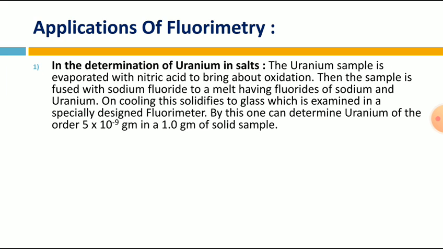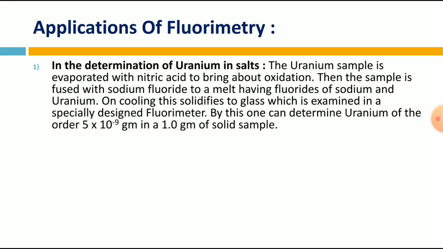The uranium sample is evaporated with nitric acid to bring about oxidation. That means we have to take the uranium sample and heat it in nitric acid until oxidation takes place. Then the sample is fused with sodium fluoride to melt, giving fluorides of sodium and uranium.